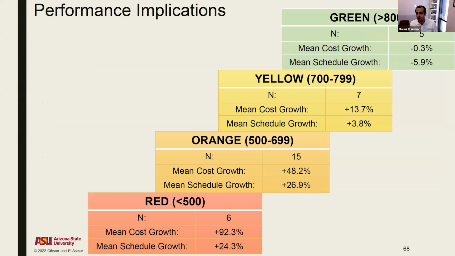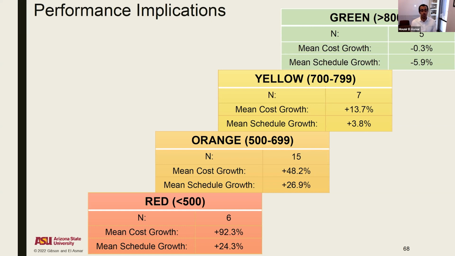Particularly when it comes to cost performance, those projects that scored above 800 on both maturity and environment did better than their baseline. So we're looking at minus 0.3%. Those that were in the yellow zone were about, on average, 13.7% in terms of cost growth.